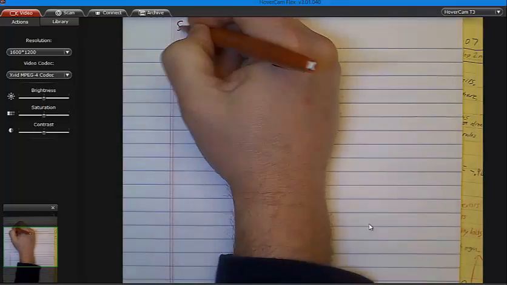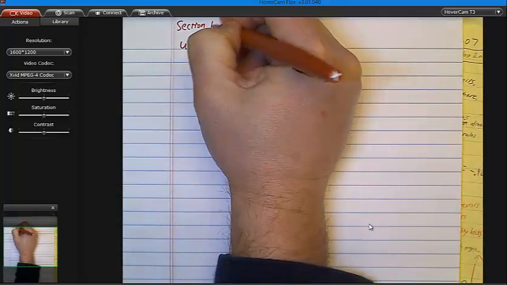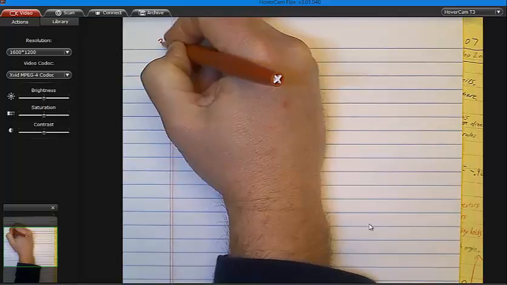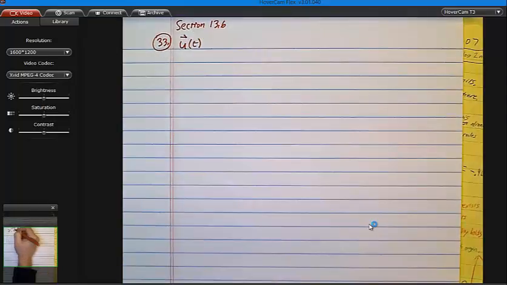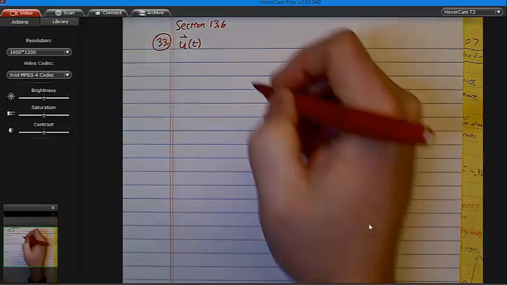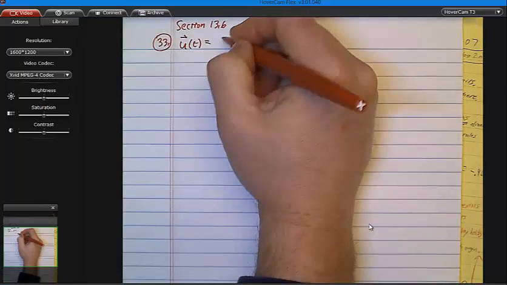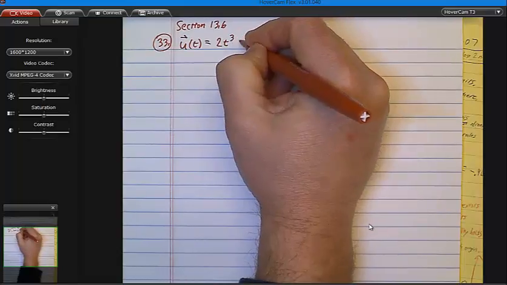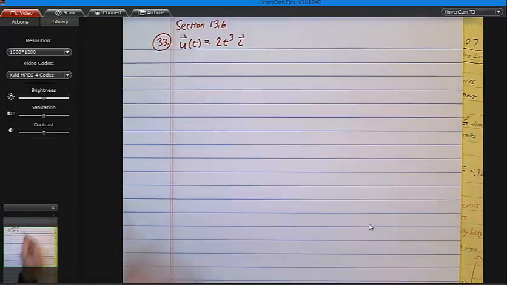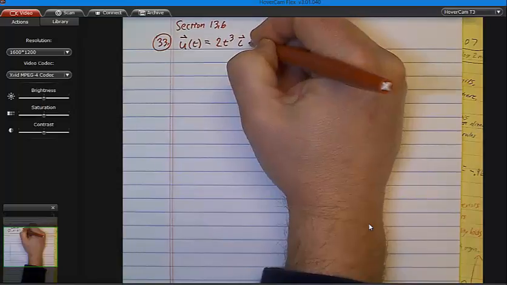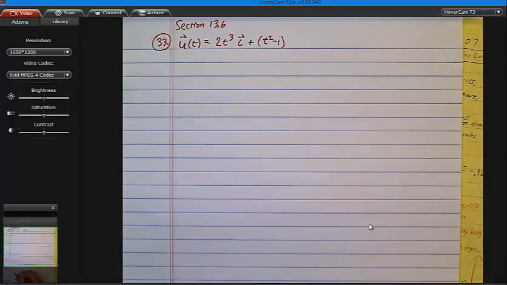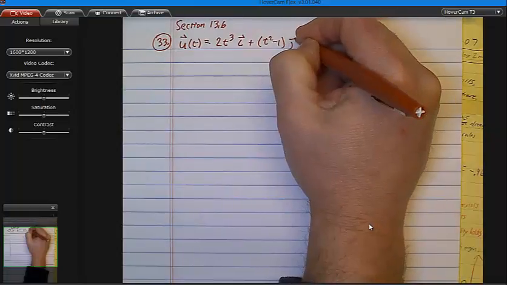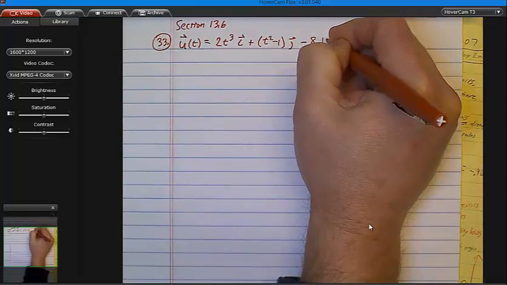Yeah, this is section 13.6, number 33, a number of people had questions on. They gave me a vector valued function. They said u of t is equal to 2t cubed times vector i plus (t squared minus 1) times vector j minus 8 vector k.